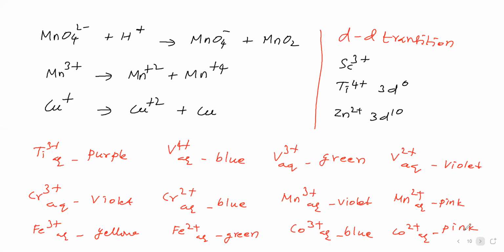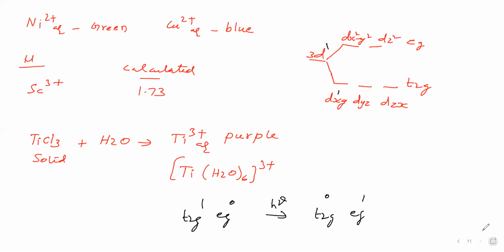Now we will take CrO4 2 minus. CrO4 2 minus is yellow color. Chromium is plus 6, which means 3d is 0. No d electron, so no dd transition. Then how does it exhibit color? That we will see.